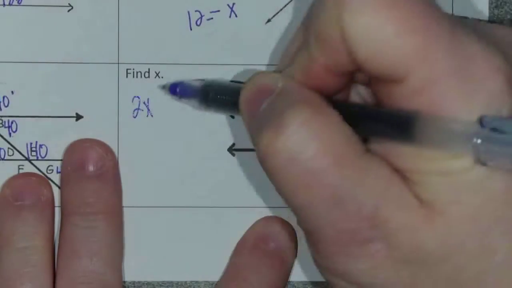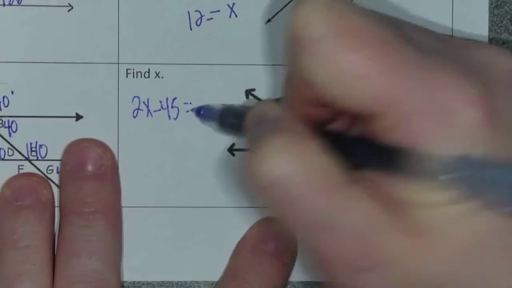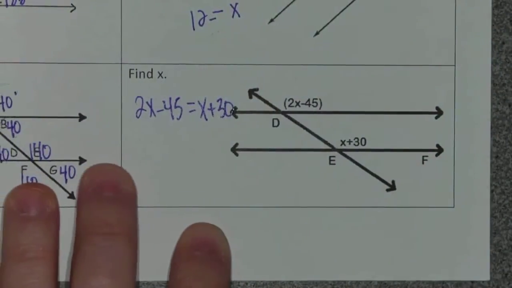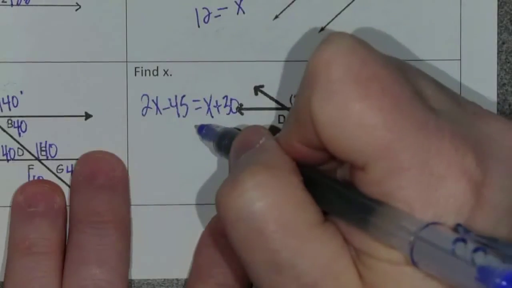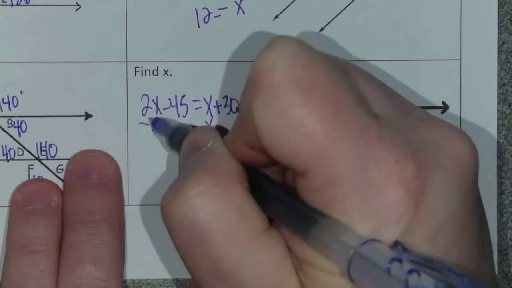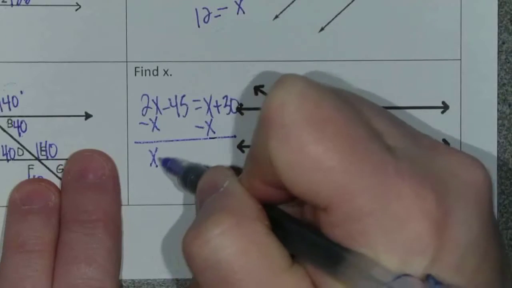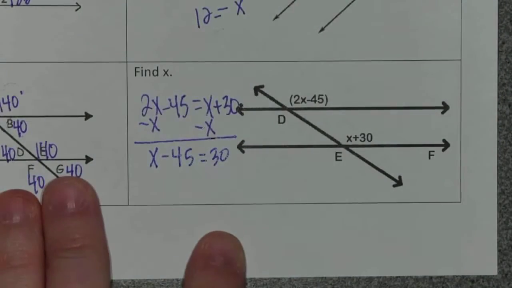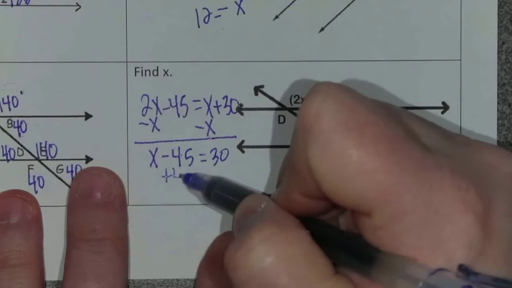I'm going to do 2x minus 45 equals x plus 30. I'm going to solve that equation by getting all the x's on one side together. So I'm going to minus the x over here. And I get x minus 45 equals 30. My last step would be to add the 45 over.